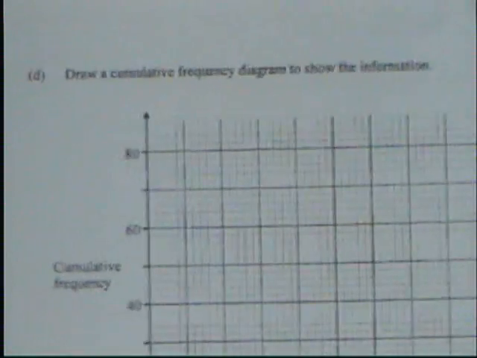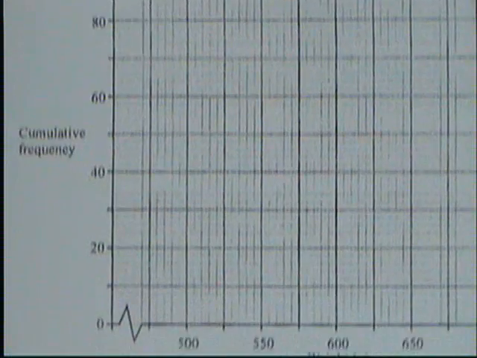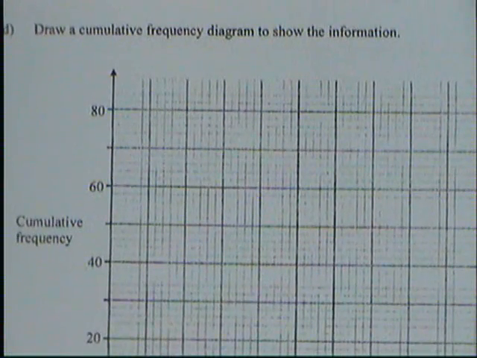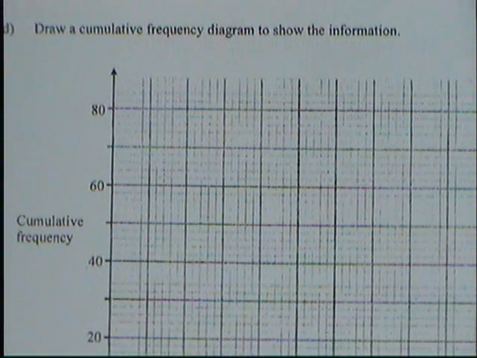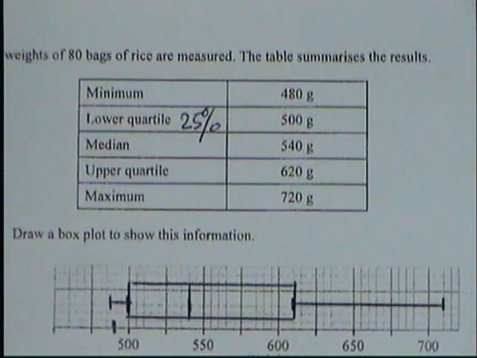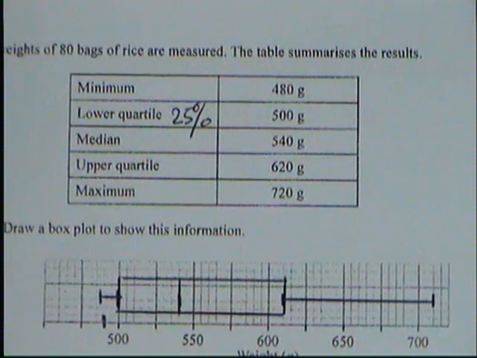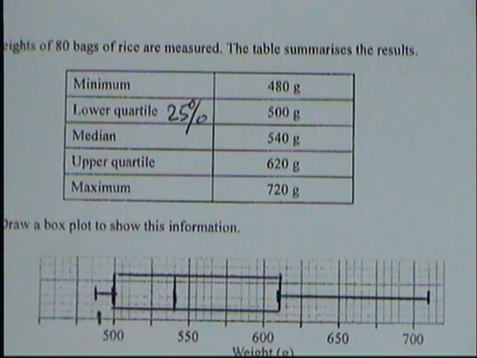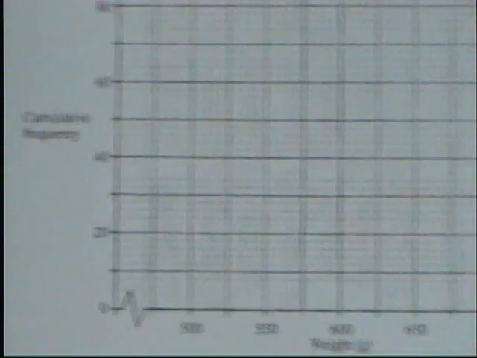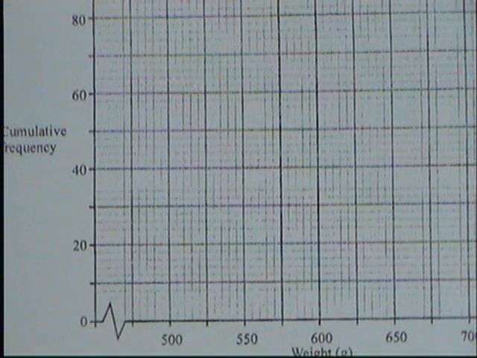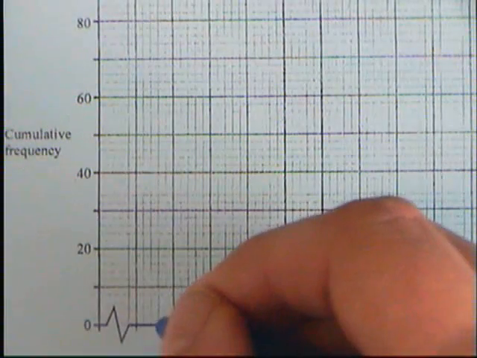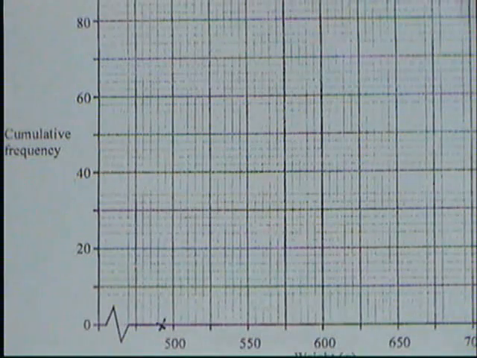Now the next bit of the question says, draw a cumulative frequency curve to show the information. A cumulative frequency curve can just be drawn from the minimum, lower quartile, median, upper quartile and maximum values. The minimum value is what it starts with on the x-axis, which is 480, which is around there.